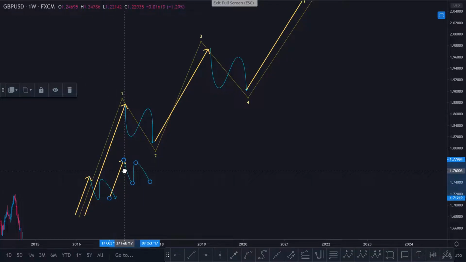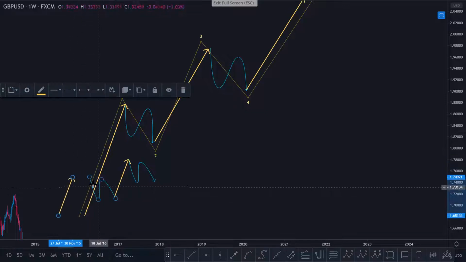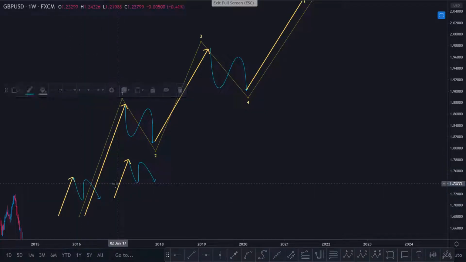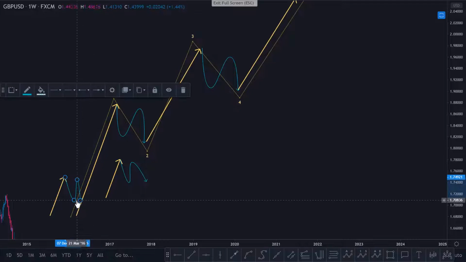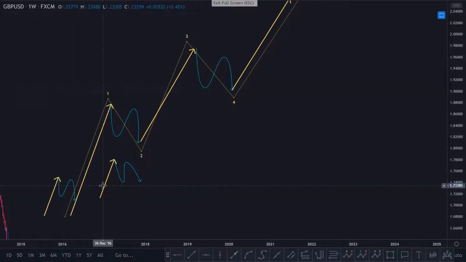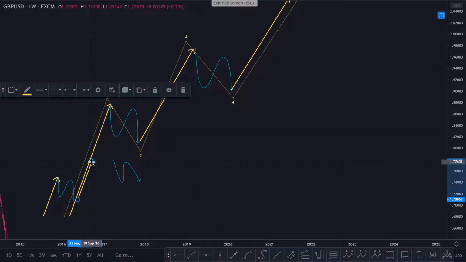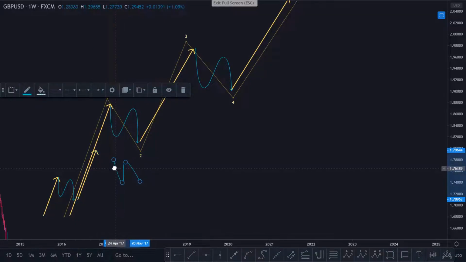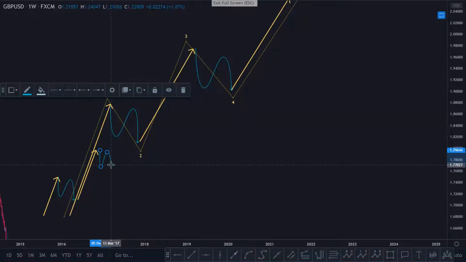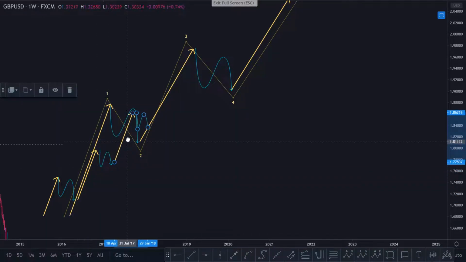So you'd have an impulse, a correction, an impulse. I'm going to show all of this on a real chart moving forward. I'm just trying to give you a clear understanding of what it is we're looking for.